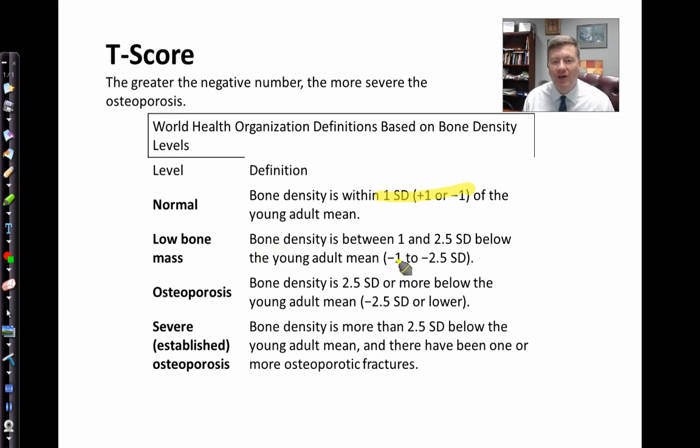But the lower you go, if we are below 2.5 standard deviations below the average, then we say that someone has osteoporosis. And then severe or established osteoporosis is when they're lower than that. So those people are at high risk for osteoporosis complications, including fractures.